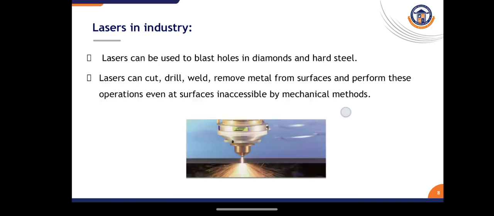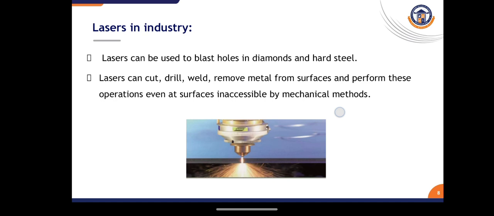Second, laser can also find a role in industries. It can be used to put a hole in diamonds or in hard steel. It is used to cut, drill or weld, remove metal from surfaces and perform these operations even where mechanical methods are difficult.